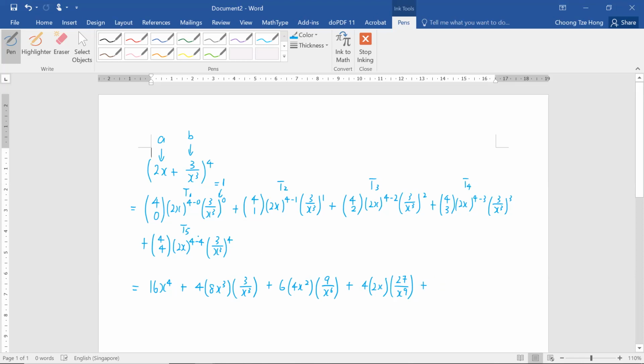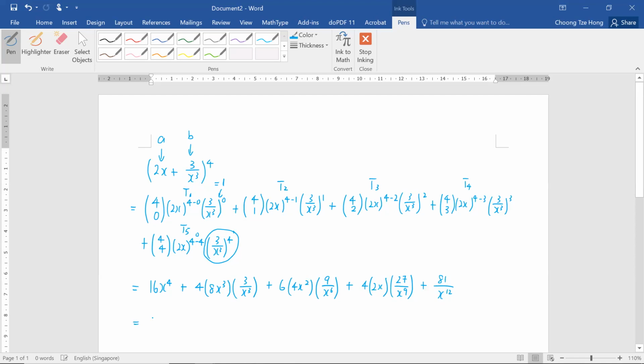Then 2x to the power of 4 minus 4, and 4 minus 4 is 0, so 2x to the power of 0 gives you 1. So here you just involve this term only. 3 to the power of 4 is 81, then x cubed to the power of 4 gives you x^12.